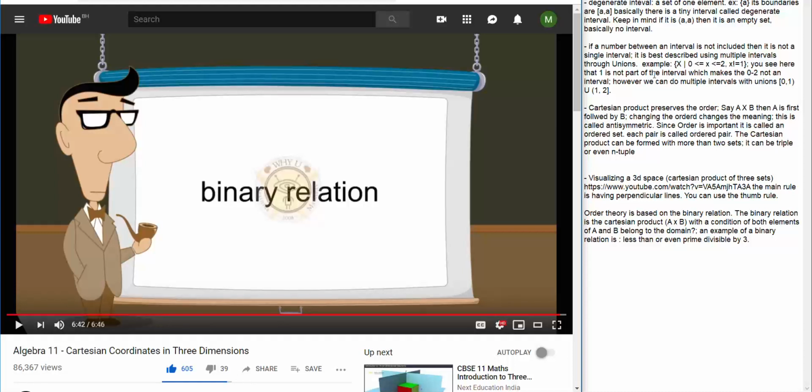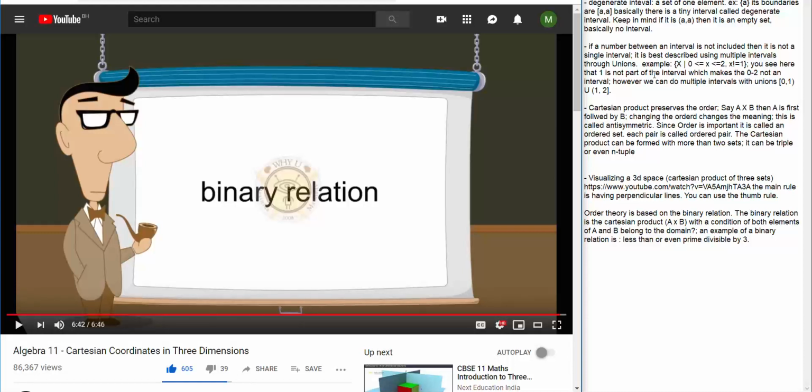If it's an unbounded interval, then you basically get an empty set because you got a single element with no boundaries whatsoever. And then if you have an interval with excluded elements in between, you basically change the definition of the interval.